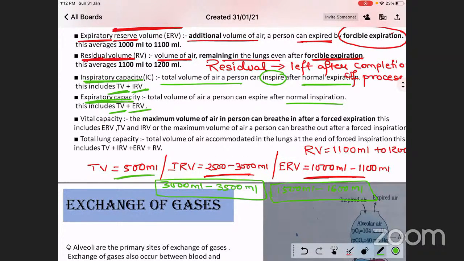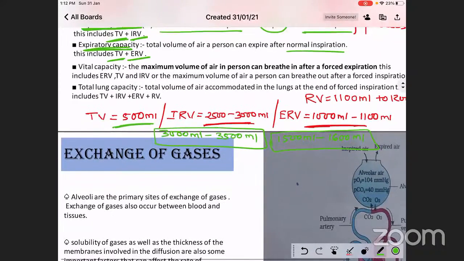Now we have completed the inspiratory capacity and expiratory capacity. We will talk about the vital capacity. Vital capacity means the maximum volume of air a particular person can breathe. If we are talking about the word breathe, it means both the inspiration and the expiration will happen, then only the breath is complete.